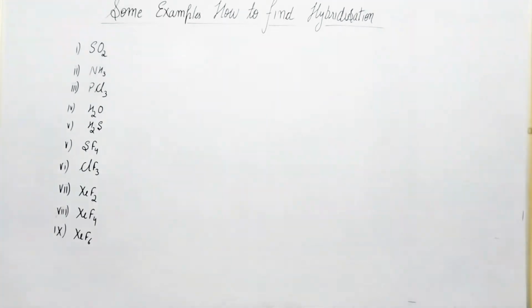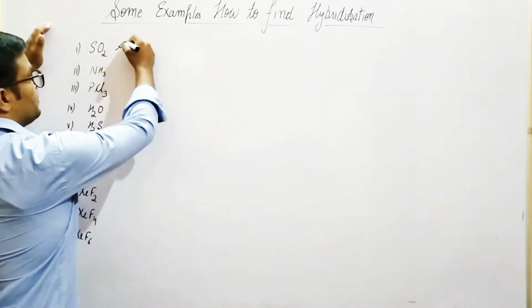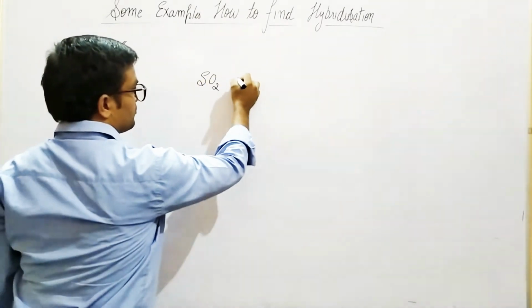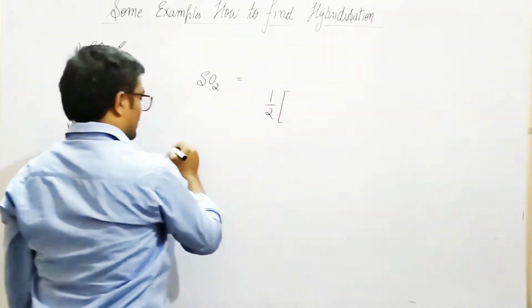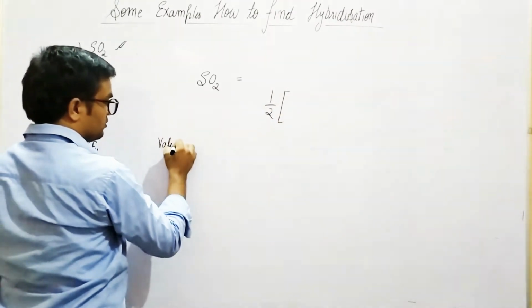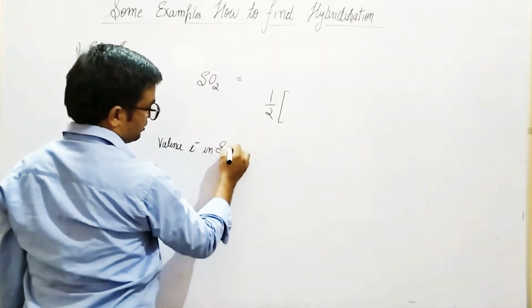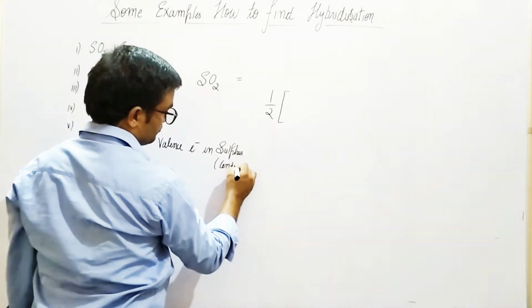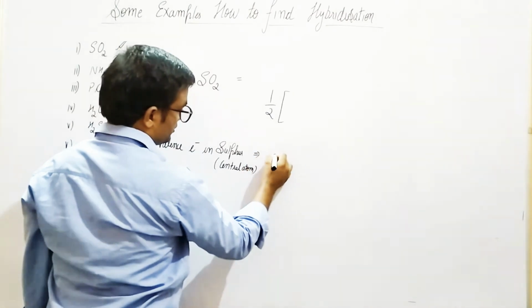Students, now we will discuss some examples related to hybridization. First of all we will see SO2. On applying the formula, half the valence electrons in sulfur, which is the central atom, are 6.